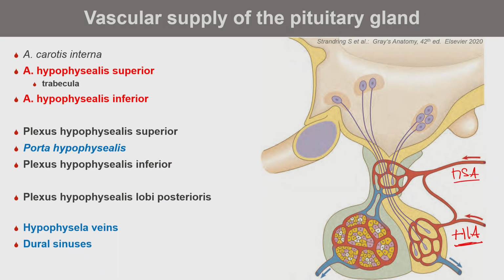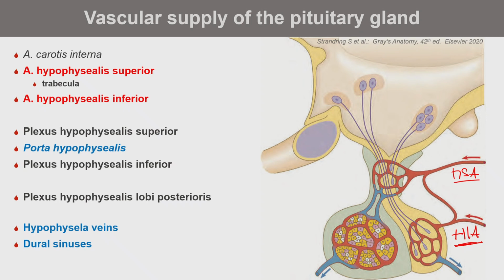They are arising from the internal carotid, the inferior from the petrosal part, and the superior from the part in the liquor and in the cavernous sinus.